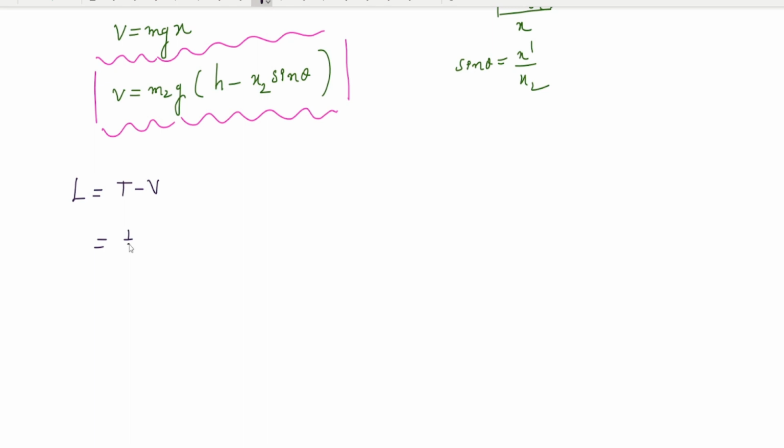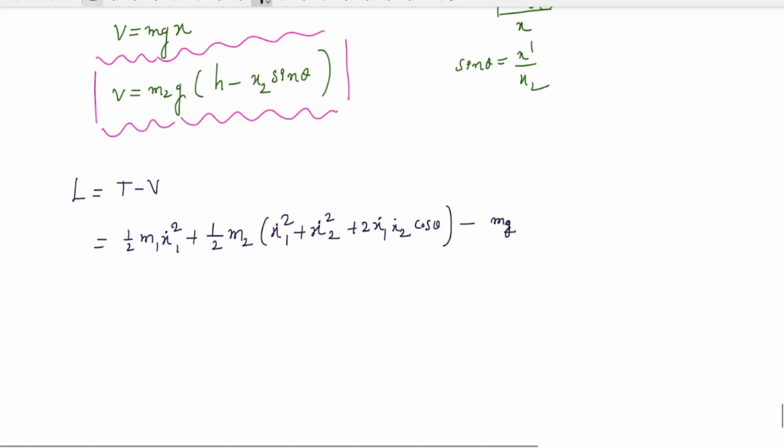T is 1 divided by 2 m1 x dot 1 square plus 1 divided by 2 m2 times x dot 1 square plus x dot 2 square plus 2 x dot 1 x dot 2 cos theta, minus the potential energy m2g times h minus x2 sine theta. So this is our Lagrangian.